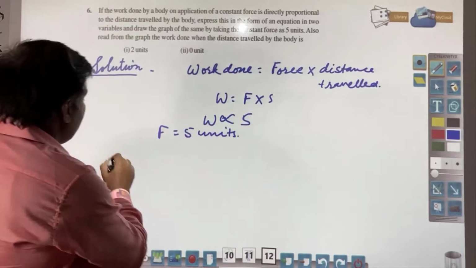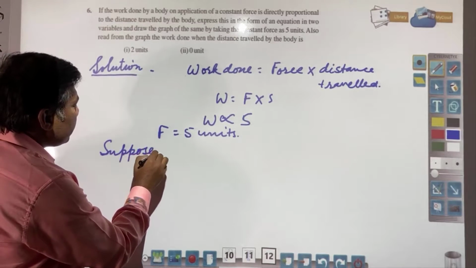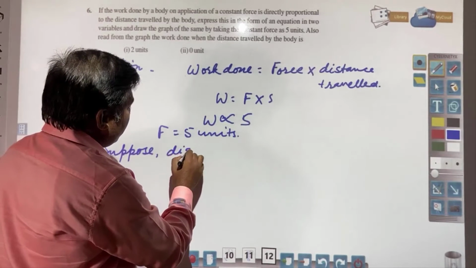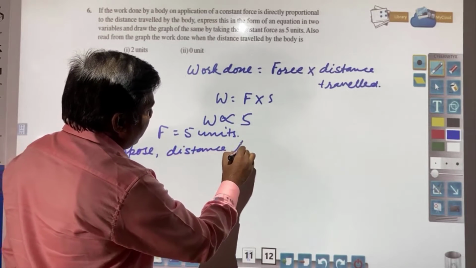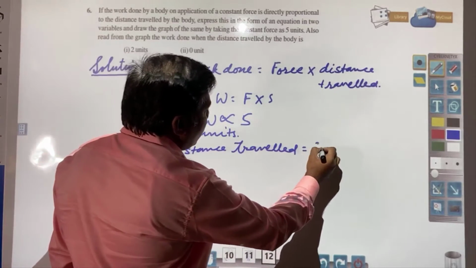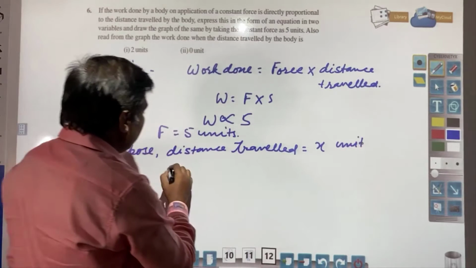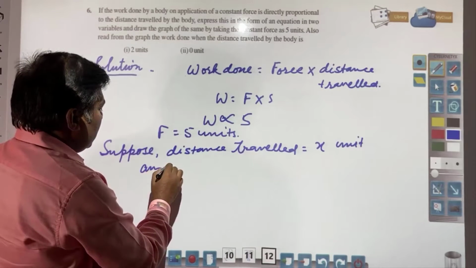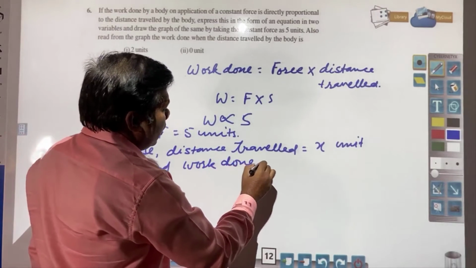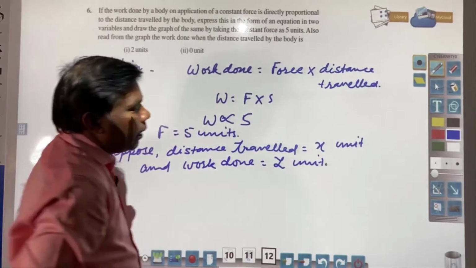So here you will write, suppose distance traveled is equal to x unit and work done is equal to y unit.